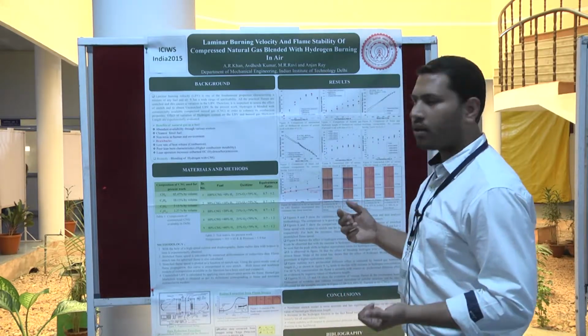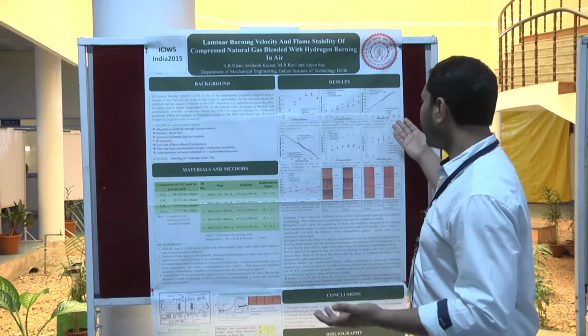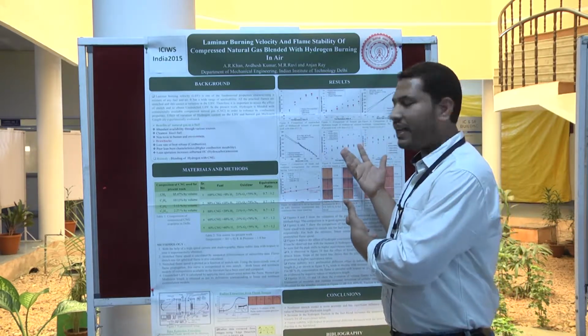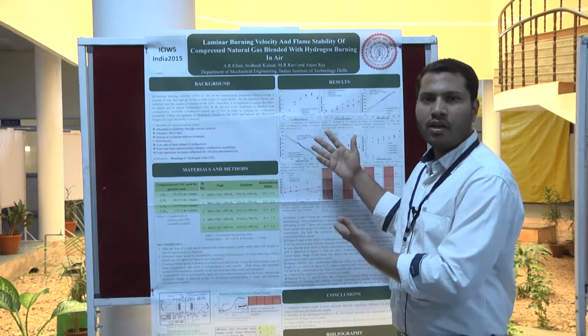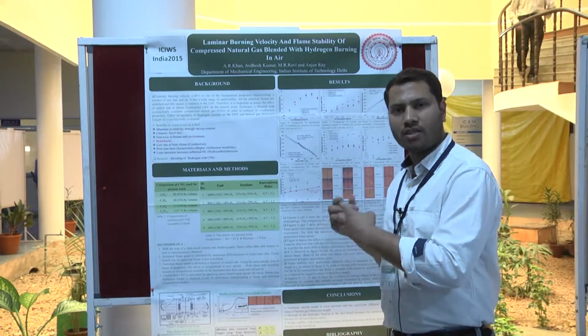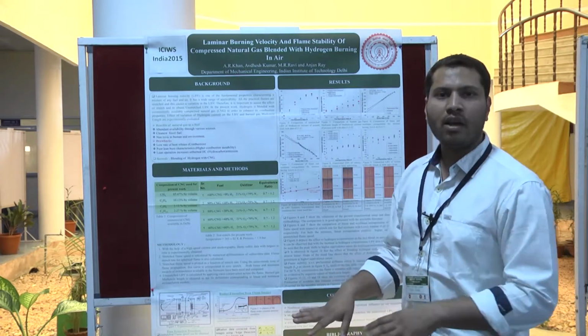The basic idea is to show that in both cases, when the Lewis number is less than 1 and greater than 1, the linear extrapolation slightly overpredicts the laminar burning velocity, and this gets worse if the Lewis number is much greater or much less than 1.